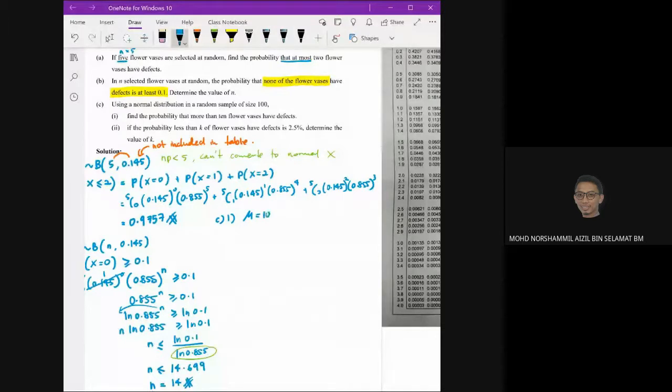What is the mu? 100 times P. Mu formula NP tadi. 100 times 0.145. So dapat 14.5. Right. How about our variance? NPQ? 100 times 0.145 times 0.855. So what do you get?